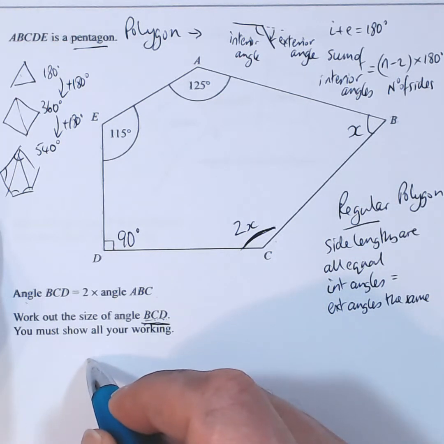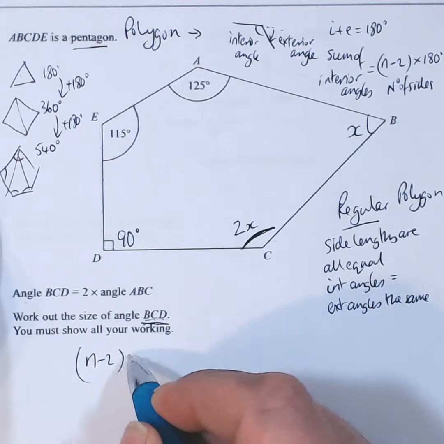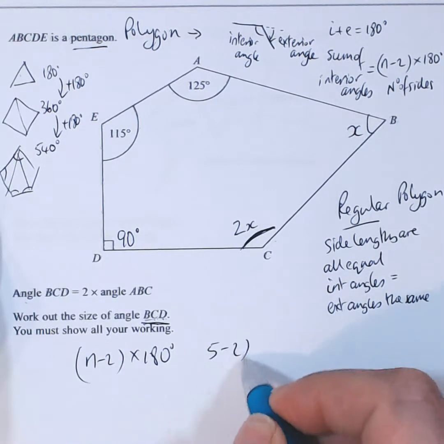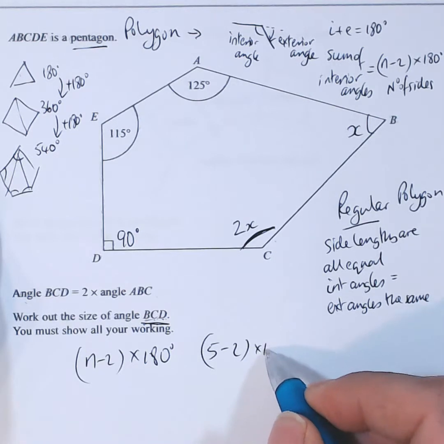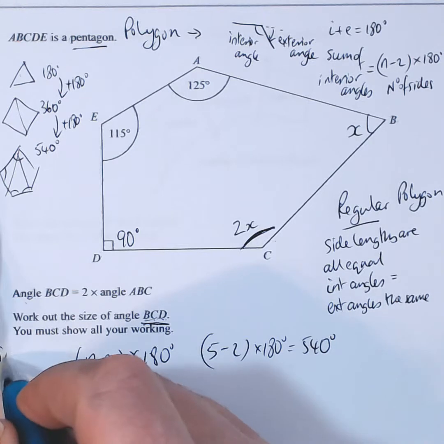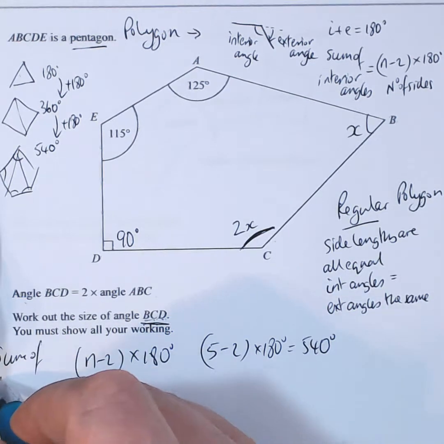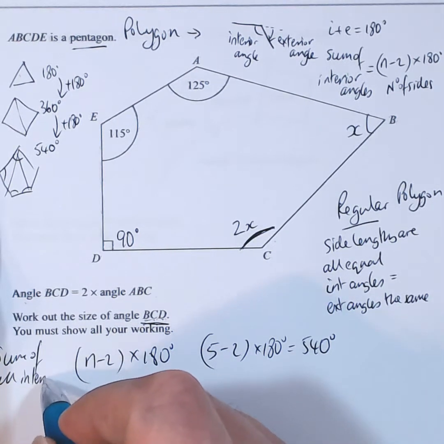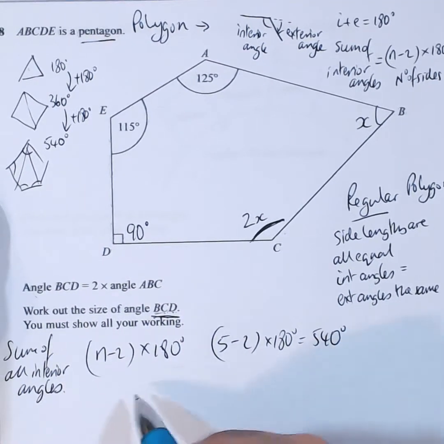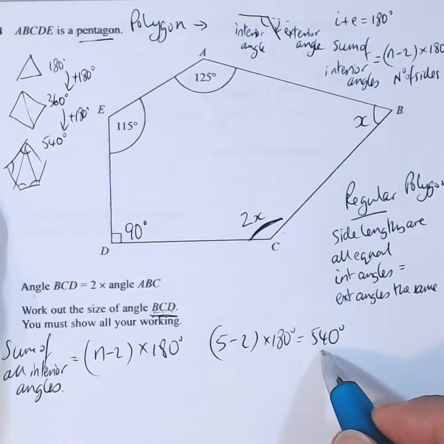So if we use n minus 2 times 180, that's 5 take away 2, because a pentagon's got 5 sides, times 180, that equals 540 degrees. So the sum of all interior angles equals 540 degrees.